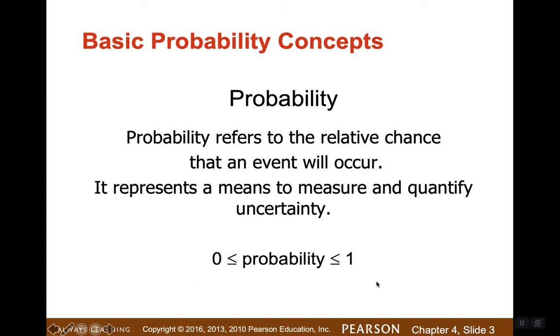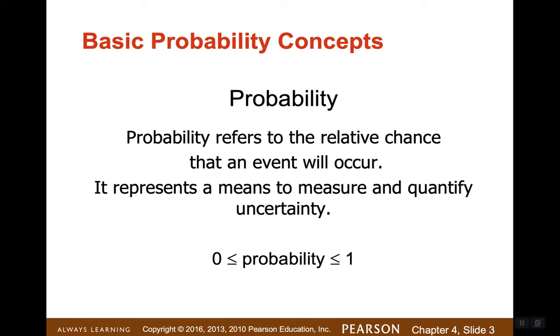Probability is always measured between 0 and 1. And if I have a series of events, the sum of all of the individual probabilities will add up to 1. If we flip a coin one time, the probability of us getting a head is 50-50, because there are two choices on any individual flip.